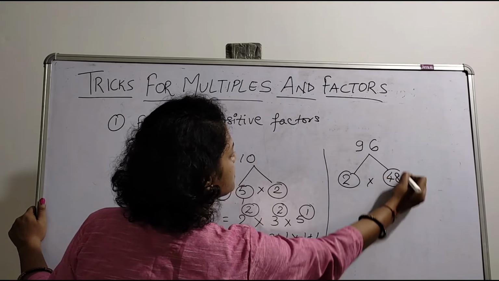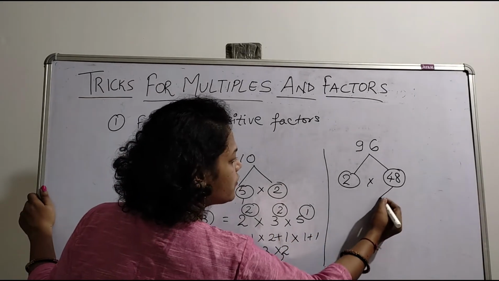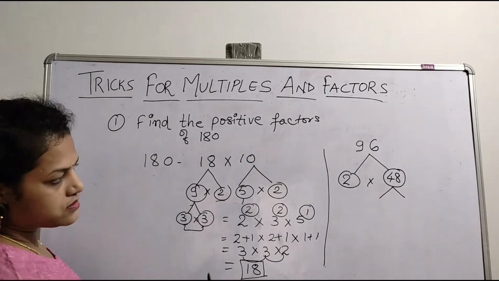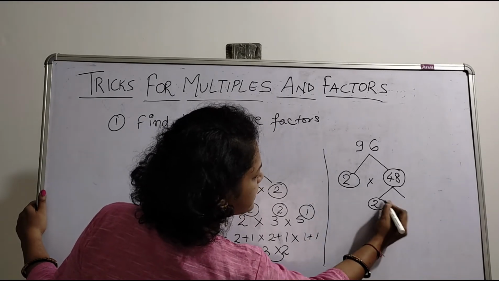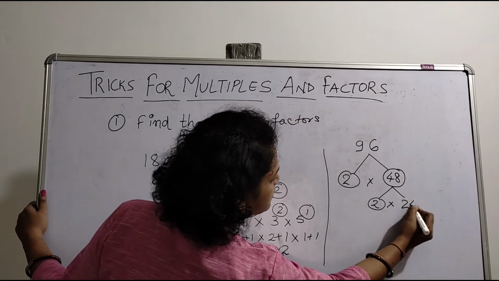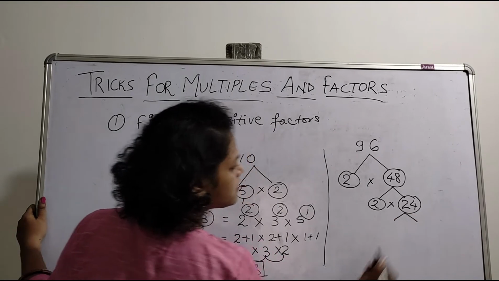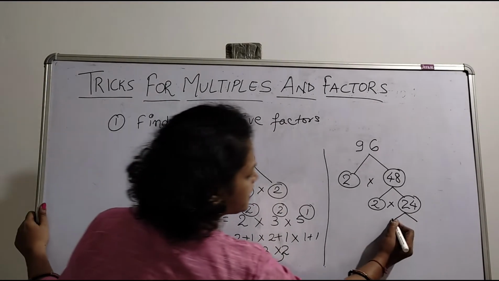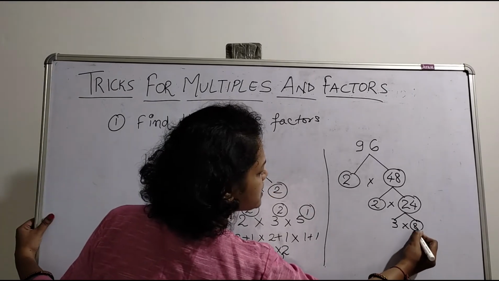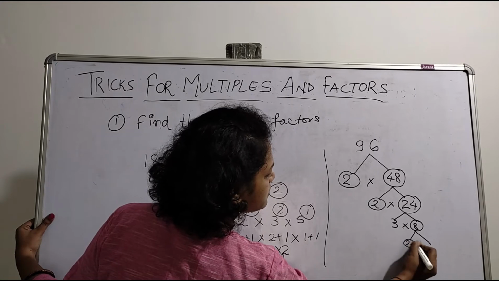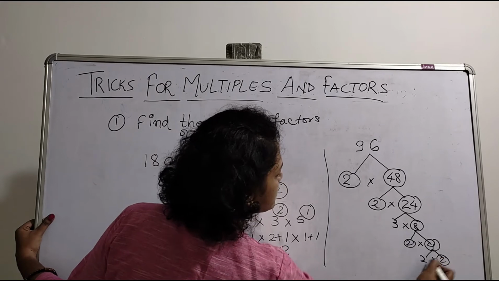Again 48 you can split as 2 multiplied by 24. Again this 24 you can split as 3 8s, and here you can split 8 as 2 multiplied by 4, and this 4 again as 2 multiplied by 2.